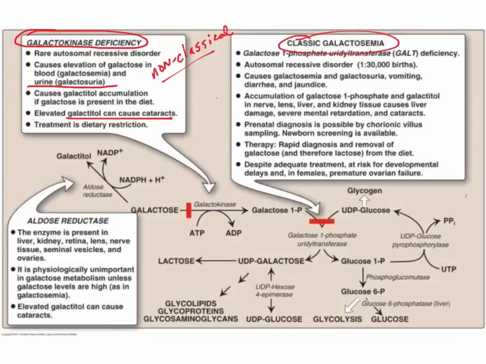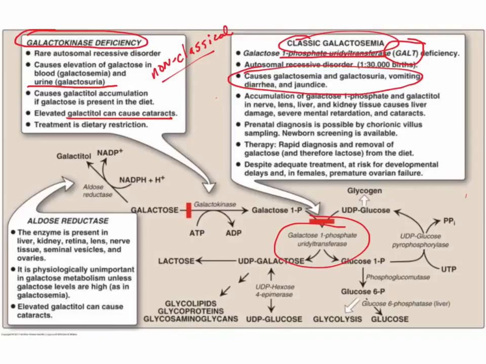Classical galactosemia is due to a defect in the transferase enzyme, galactose 1-phosphate uridyl transferase. This disease is sometimes referred to as GALT or galactose transferase deficiency. In this disease, galactose and galactose 1-phosphate accumulate after ingestion of milk or other lactose-containing foods.